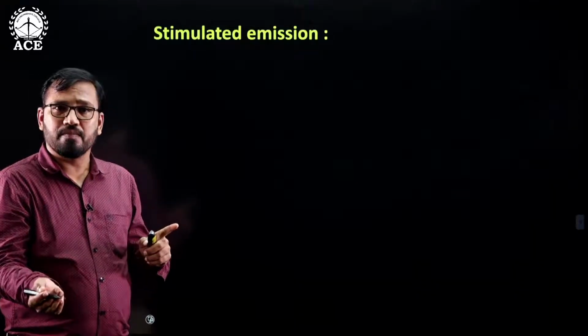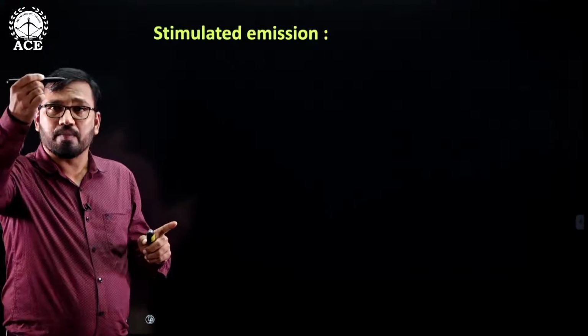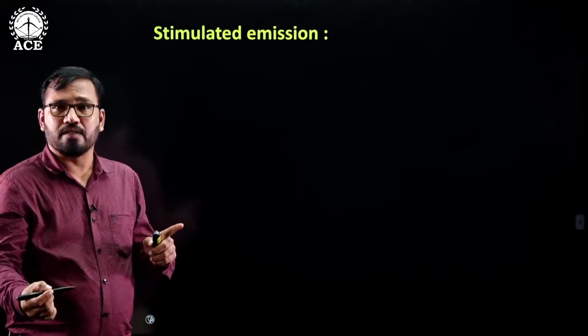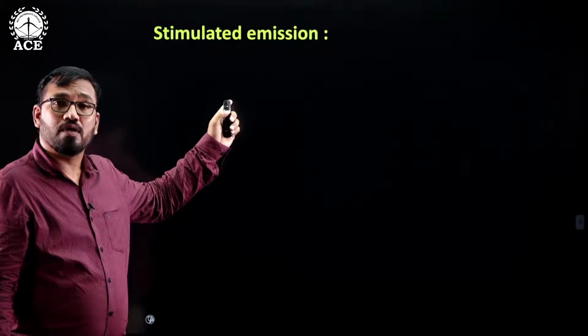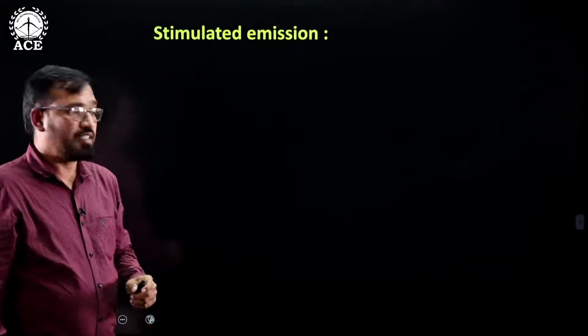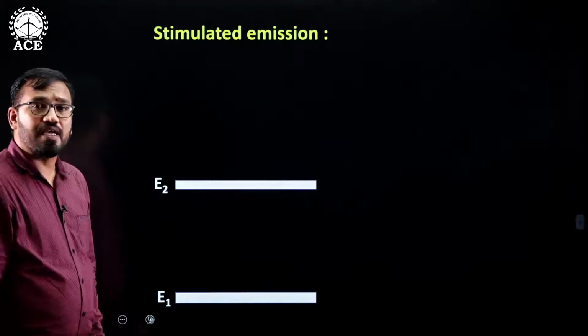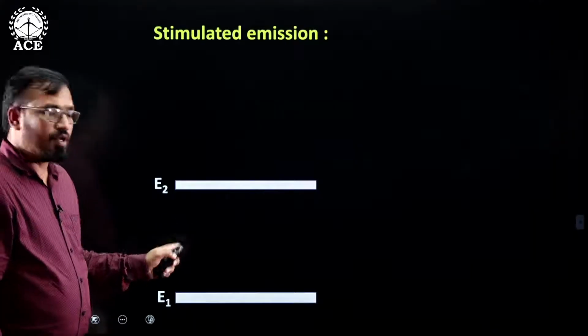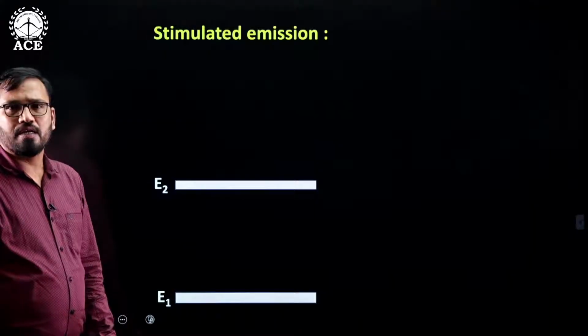Here, how are the atoms coming down? By external photon energy, some external energy. See here, E1 and E2. Which is the higher energy level? Very good, E2. Which is the lower energy level? E1. So E2 is always greater than E1.